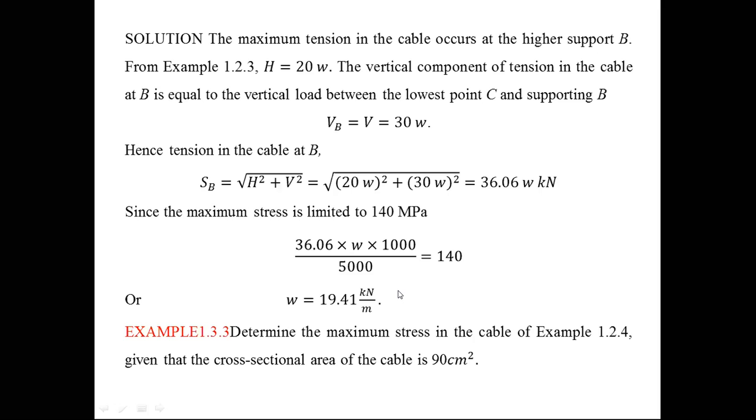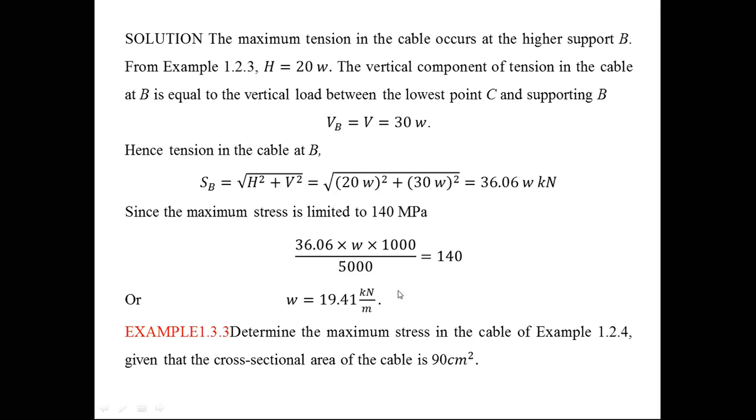Right. So now you are familiar with the analysis of an unstiffened cable. There is no stiffening girder. Unstiffened cable means it is an aerial ropeway. This is not meant for transportation of vehicles, only for transporting men and materials. The stiffened type is intended to cater to vehicular traffic.